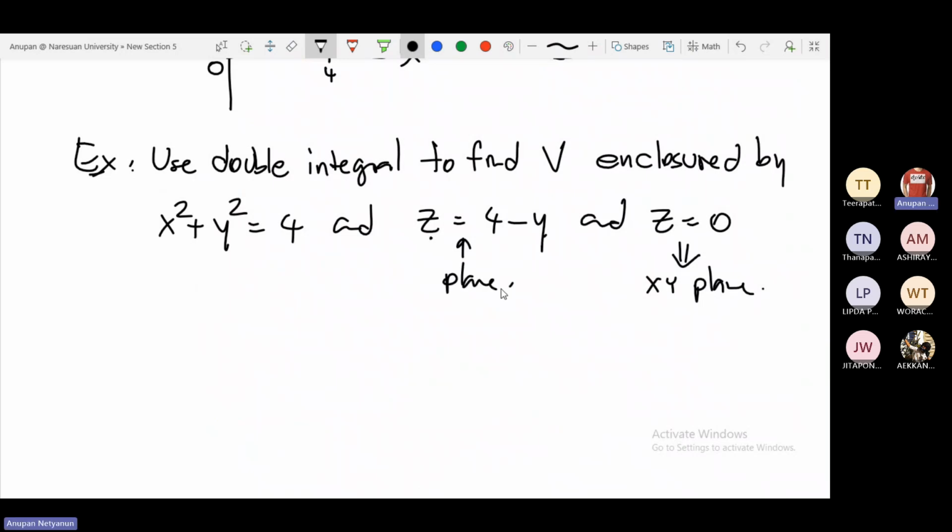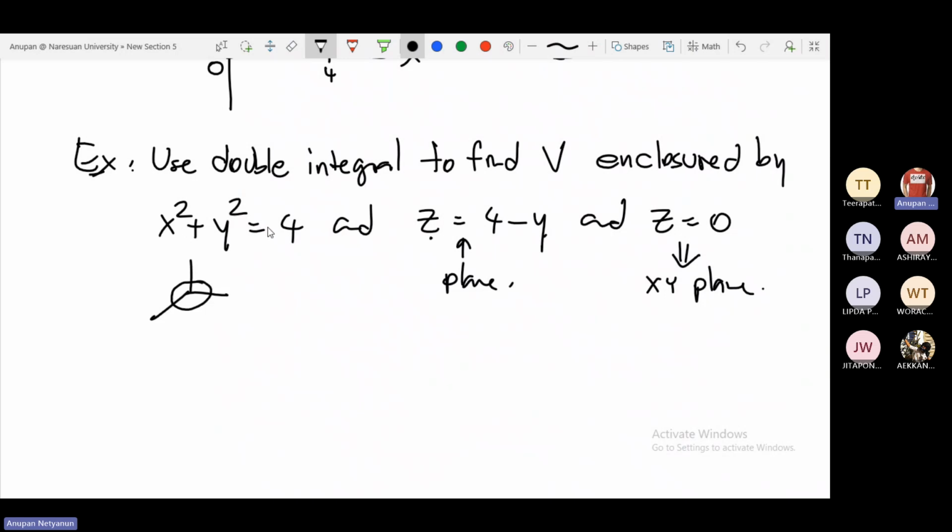Okay. Now, this one is a circle, right? 2 squared. So the circle of radius 2 on the xy plane. Okay. But your z disappears. Hence, it's going to be a circle on the xy plane.